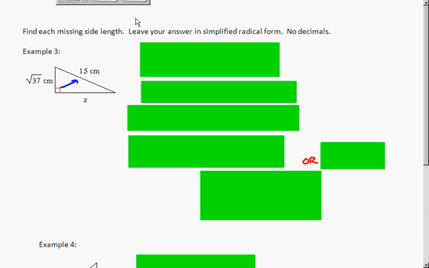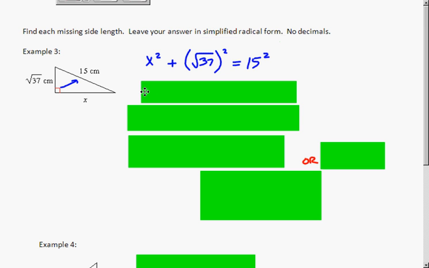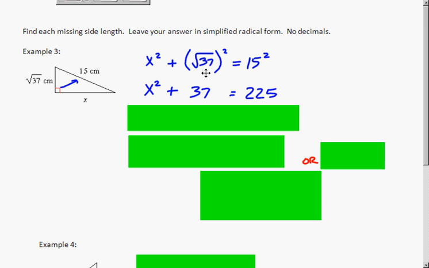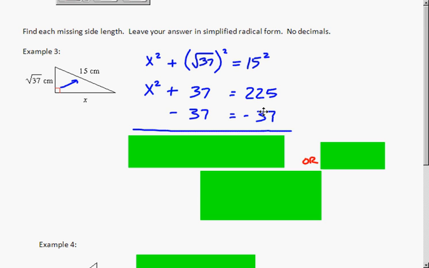Example 3, very similar to examples 1 and 2. The only difference is that we are now going to leave our answer in radical form, so no decimals. Again, identify side c. Side c is 15. So I substitute in x squared and square root of 37 squared. I wind up with x squared plus, well, square root 37 times square root 37 is 37, and 15 squared is 225.